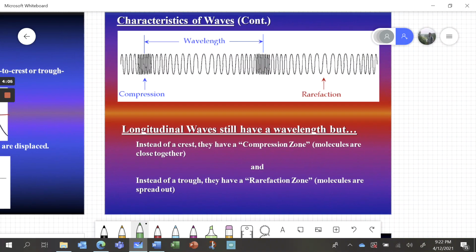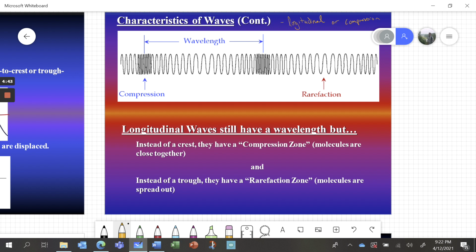Okay, so we have a very similar situation in the compression waves or longitudinal waves. Longitudinal or compression. Okay, so these are longitudinal or compression waves. They have basically the same parts, but they look different, so we give them different names.